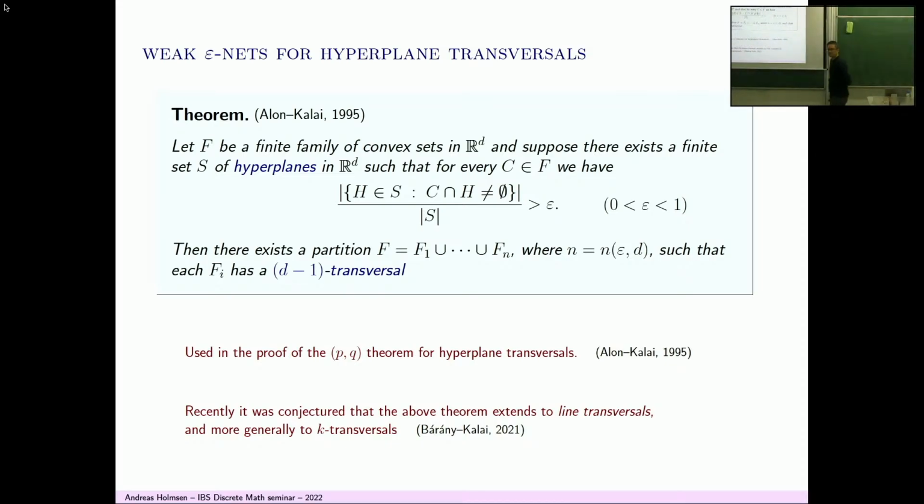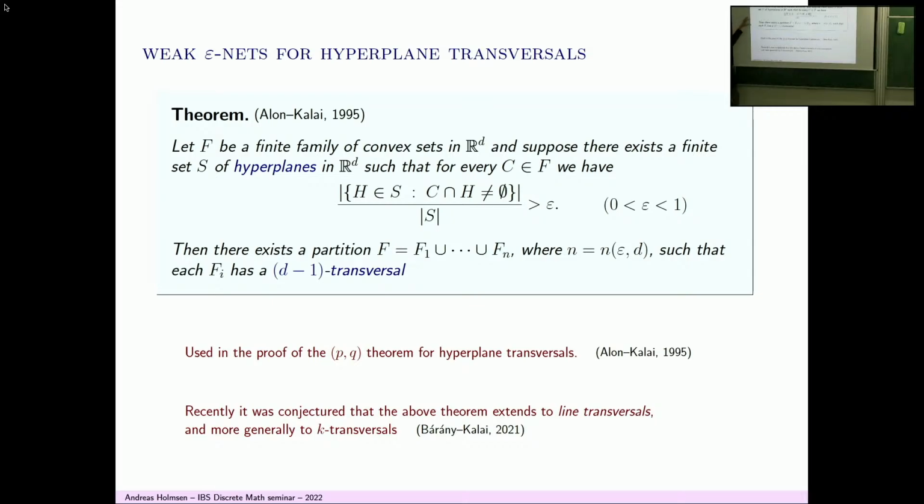Okay. And recently, it was conjectured by Bárány and Kalai that this weak epsilon net type theorem should generalize to k-transversals. Specifically, in their survey, they formulated it for line transversals. Right? And in fact, line transversals in R^3 is what they conjecture specifically.